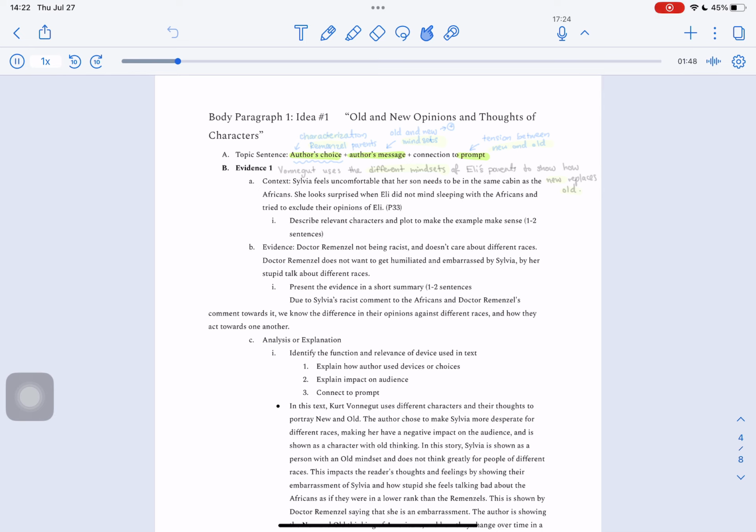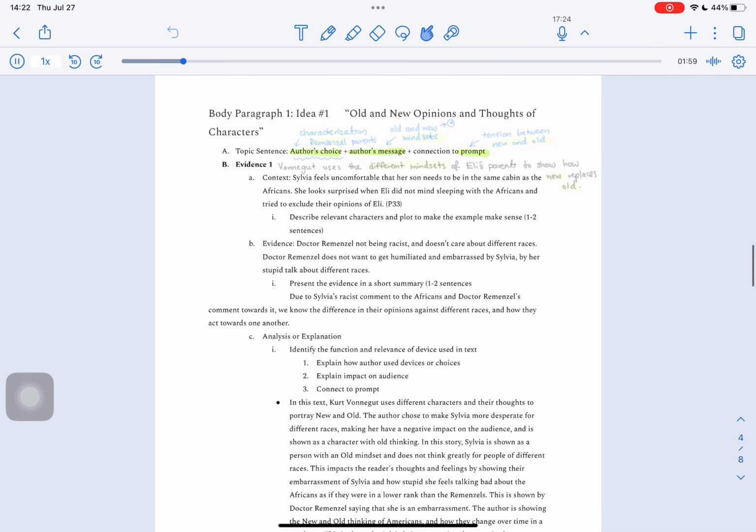So let's interview Genta. Genta, in this first paragraph, what is the author's choice? A lot of text, man. So character choices? Okay. So which characters are we talking about?